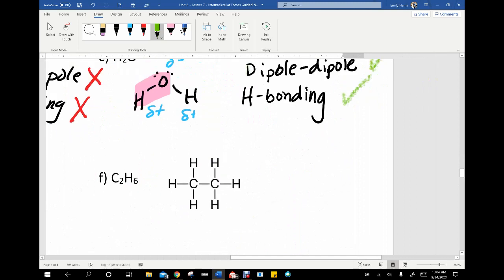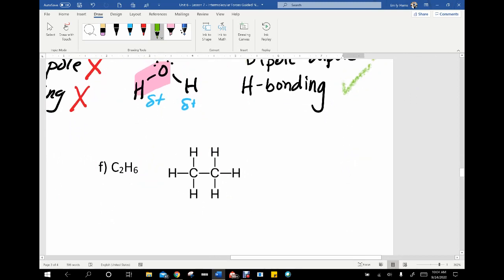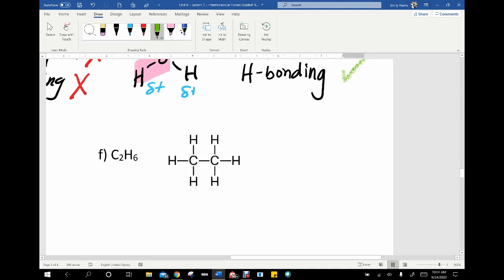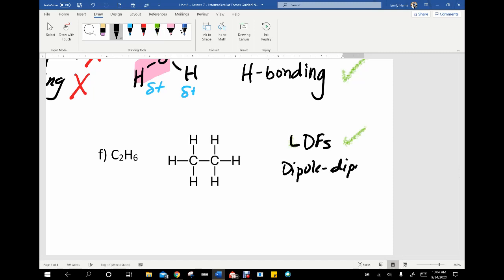So let's look at F. We've got carbons and hydrogens. And if we think about the shape of this, those are kind of going to be two tetrahedrals joined together. We already know that all of our molecules will have London dispersion forces. But now, when we're checking for dipole-dipole forces, we need to ask whether or not the molecule is polar.